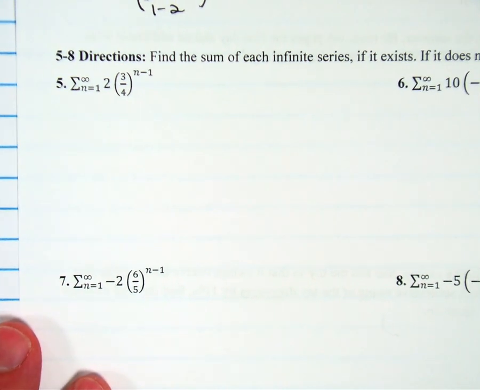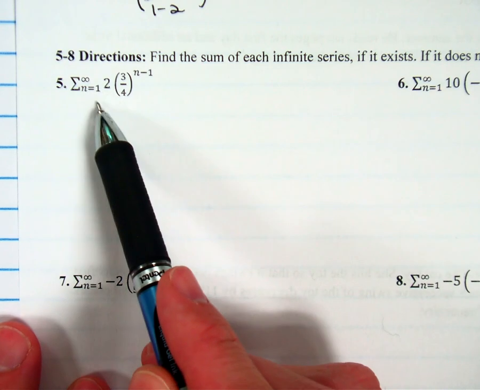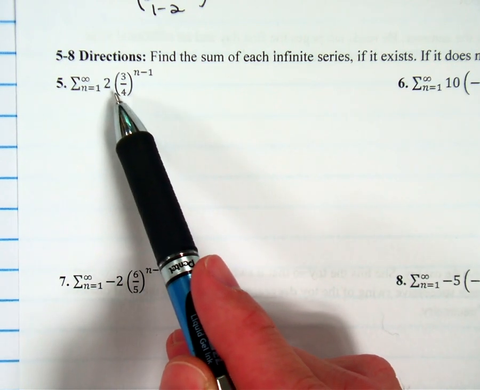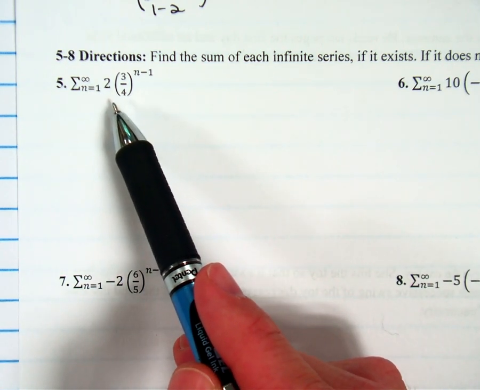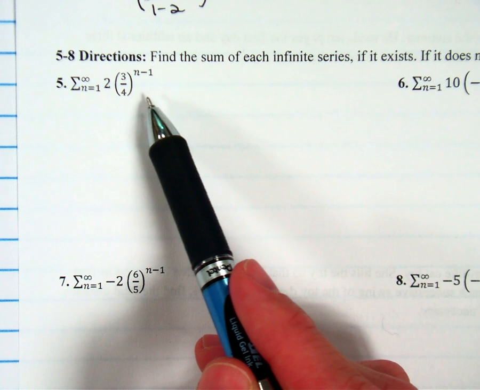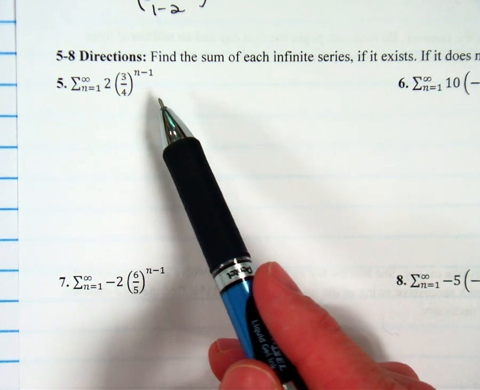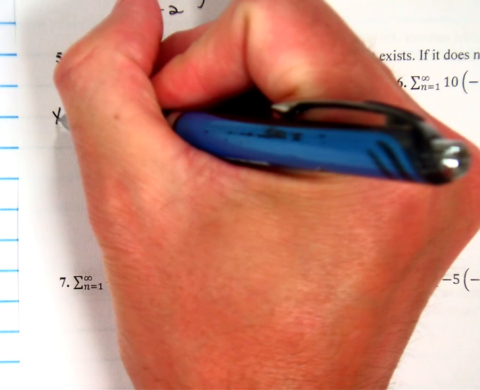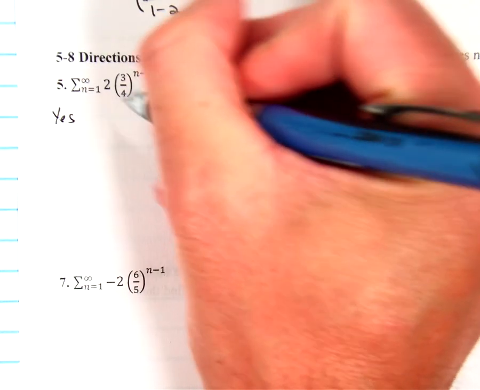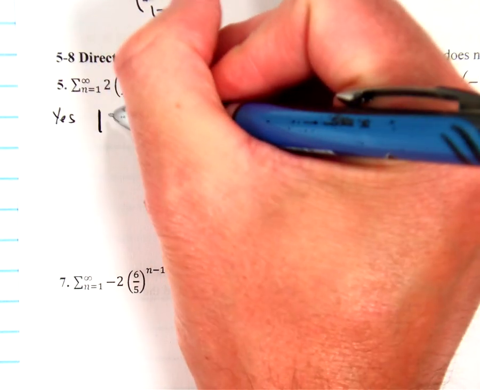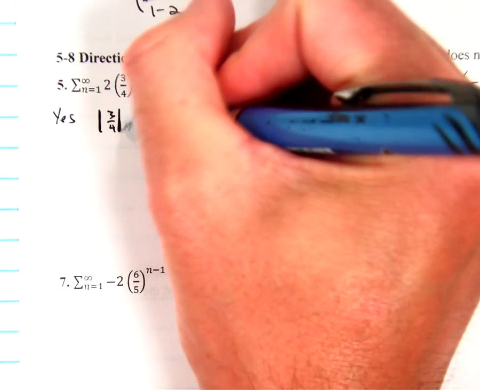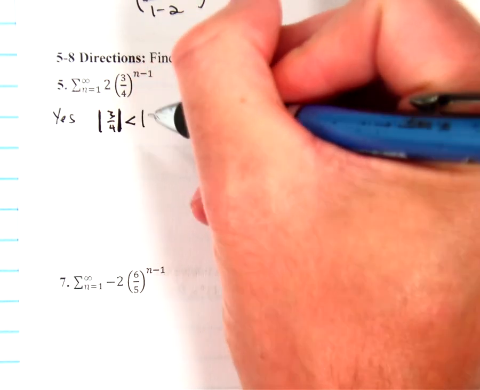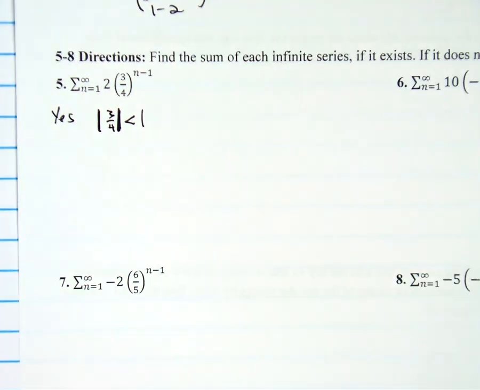So we have the sum from n equals 1 to infinity of 2 times 3/4 to the n minus 1. Can I even do it? And the first answer is yes, we can, because our r value, the absolute value of 3/4, is less than 1. So yes, we can.